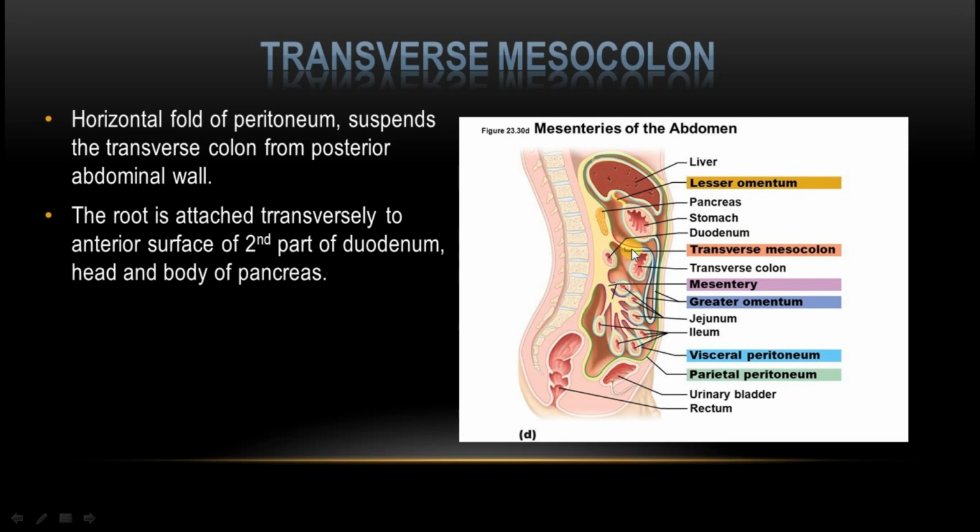The root of the transverse mesocolon extends from the second part of the duodenum to the body of the pancreas. Here, the anterosuperior and posteroinferior surfaces are covered by the peritoneum, and the first, second, third and fourth layers of the greater omentum fuse with the anterior layer of the transverse mesocolon.